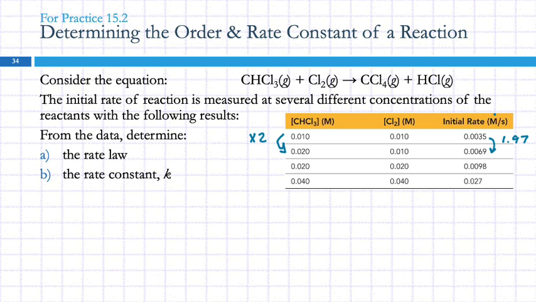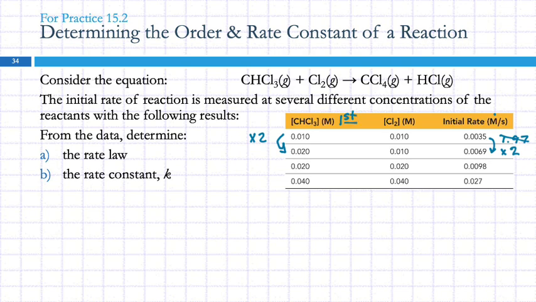It's not going to come out perfect. So we changed this by 2, and this also increased by 2. So what's the order with respect to this reactant? 1. See, it's so tempting. It's first order.